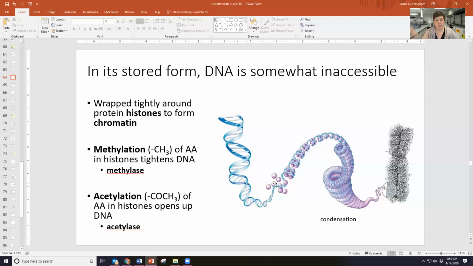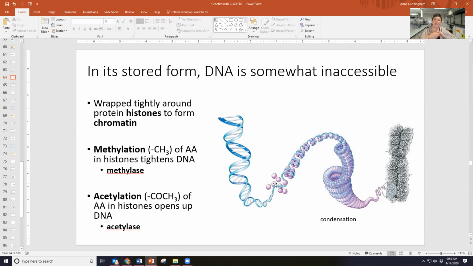For methylation, we have a methyl group, which is a carbon and 3 hydrogens, added to amino acids of the protein structure of those histones. When that happens, it causes the DNA to wrap a little bit more tightly around those histones.